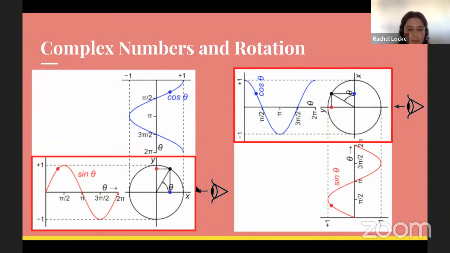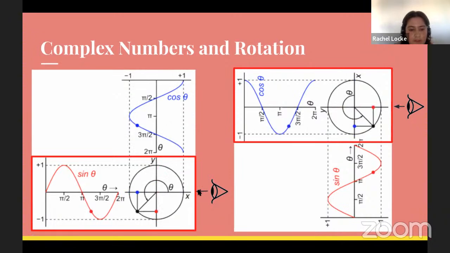So I want you to imagine that you are in the plane of the slide and you're looking where this eye is looking, down this axis, which is labeled X, but that would be our real axis from what we've just seen. And what's labeled I would be our imaginary axis.